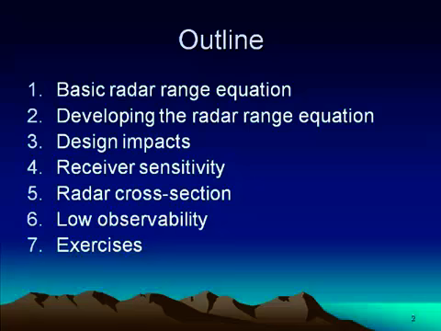So we are learning two new parameters also. One is how the object size affects the radar system performance. We are going to discuss the radar range equation, or in short what is known as the radar equation.